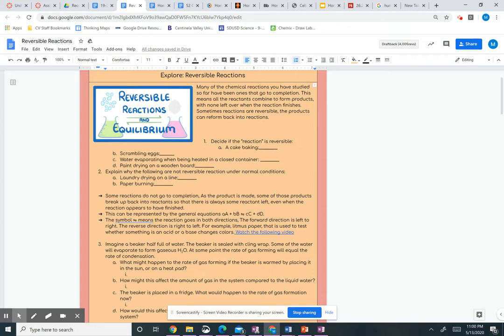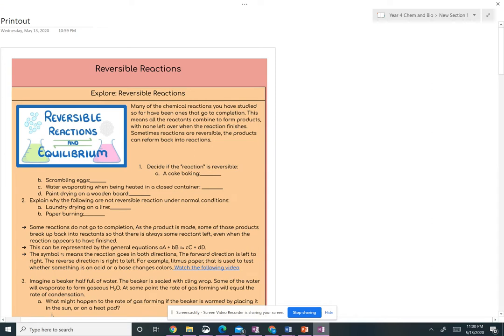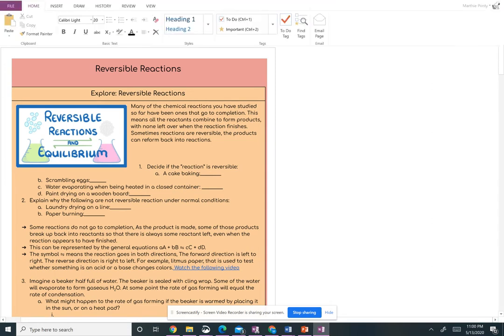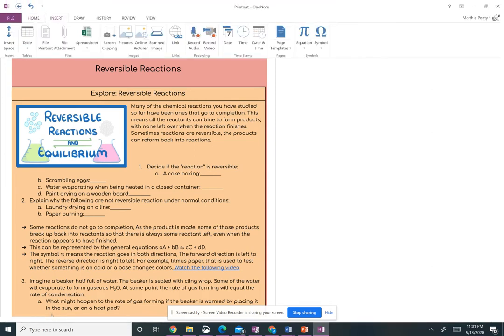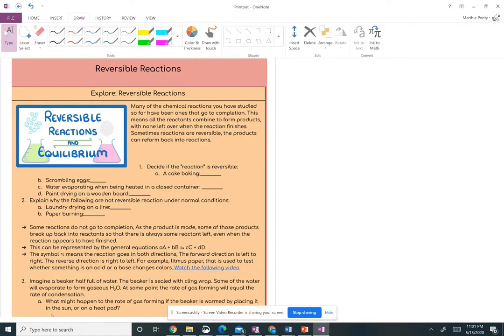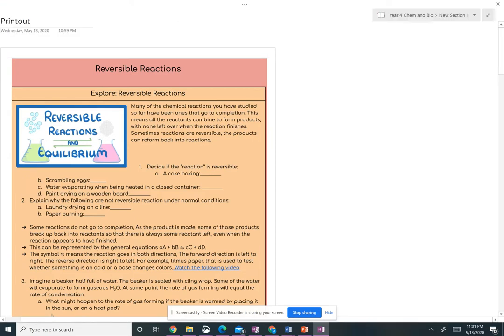So one way that we can look at this is like a regular reaction. We can imagine we have A plus B makes C, right? A and B can be anything and C can be anything, right? So that is the kind of reaction that we've been working with.